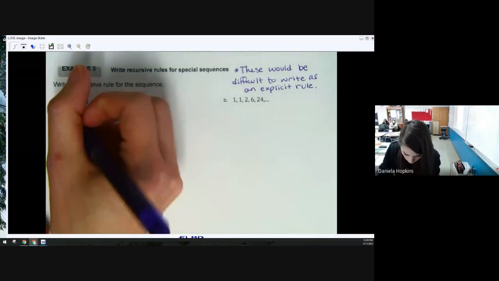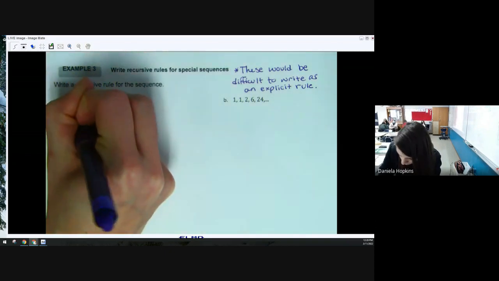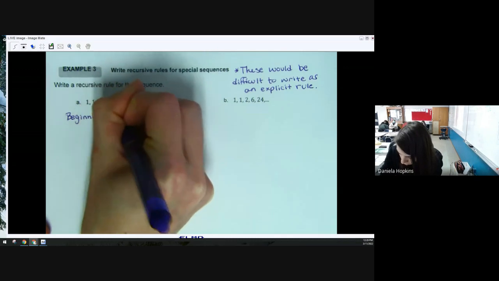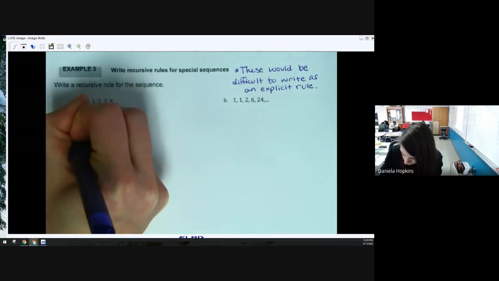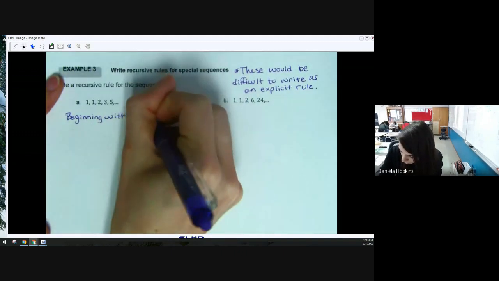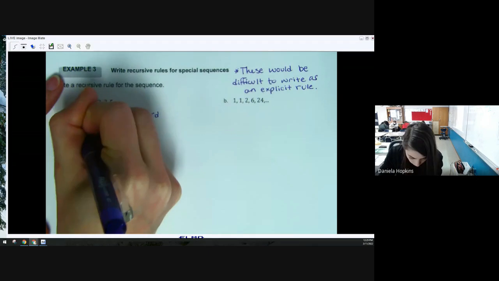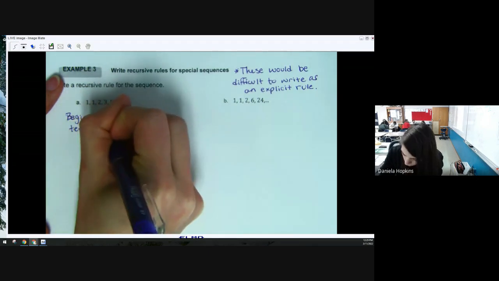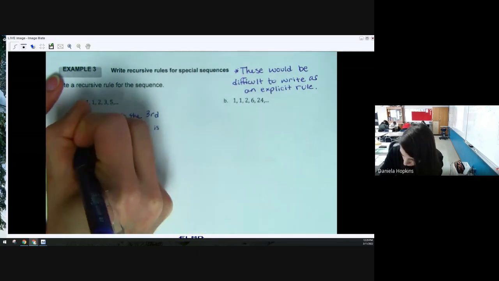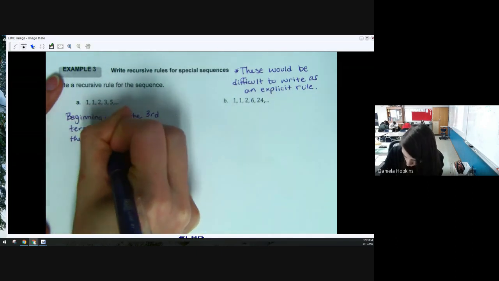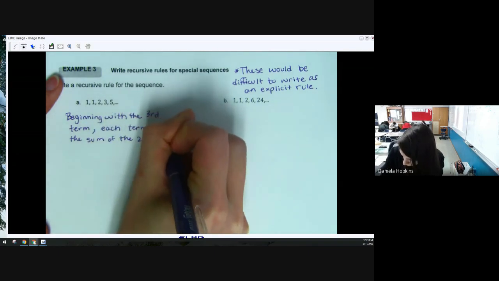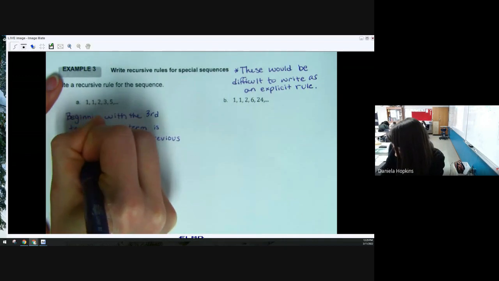So just to put that into words: beginning with the third term, each term is the sum of the two previous terms.